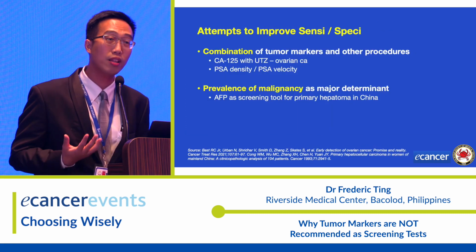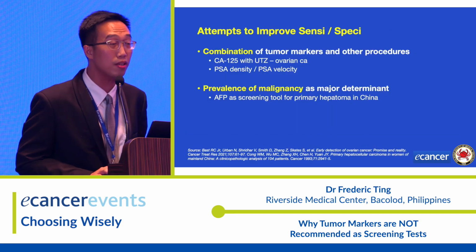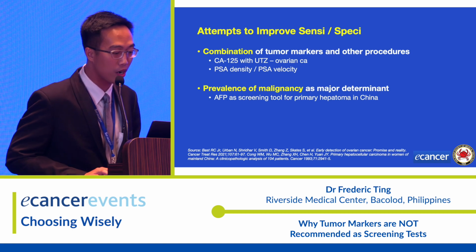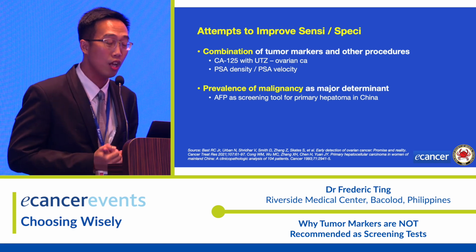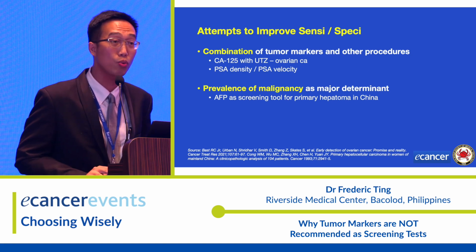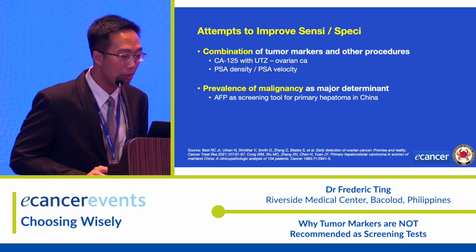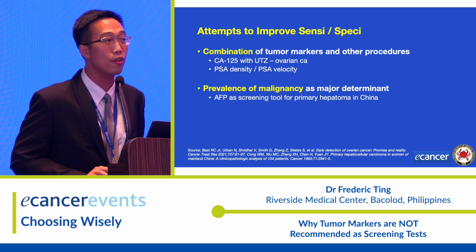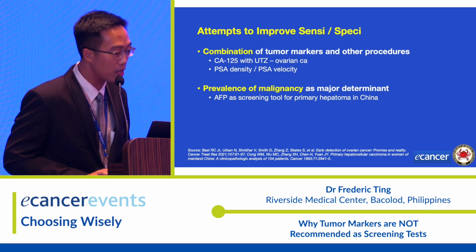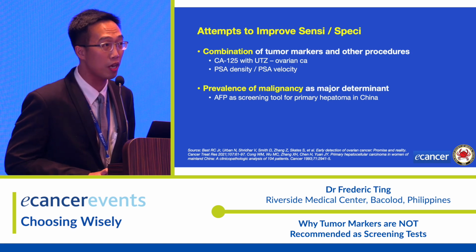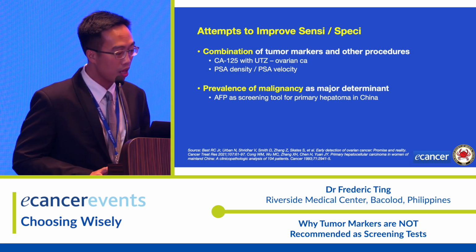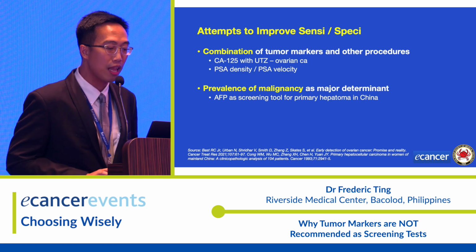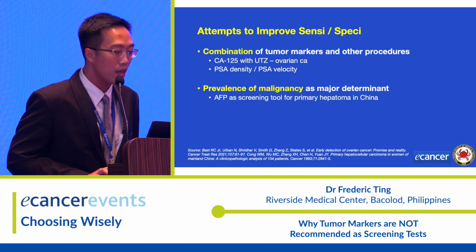Now, there were attempts to improve the sensitivity and specificity of these tumor markers, and scientists have tried combining tumor markers with other procedures. For example, the use of CA125 together with a whole abdominal ultrasound in postmenopausal patients is advised by some recommendations for diagnosing ovarian cancer.